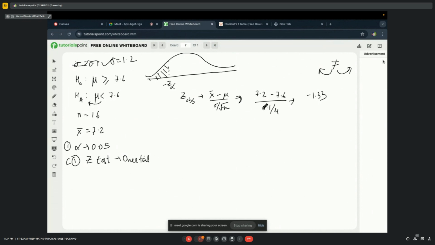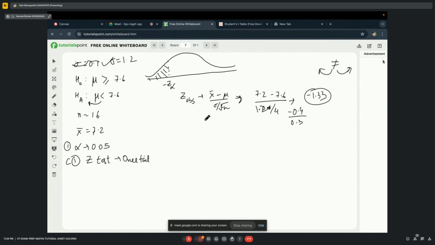It is 1.2 divided by 4. Then I'll get 1.33. Yes, basically minus 0.4 upon 0.3, it will be minus 1.33. Sorry guys, just kidding. I already solved this, so I had the answer previously.